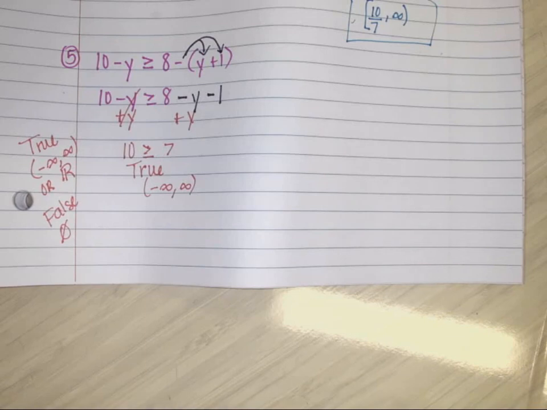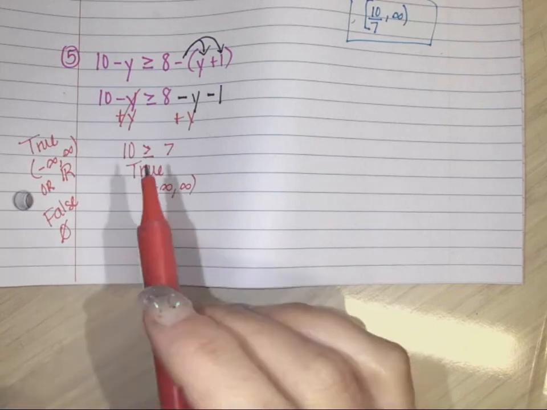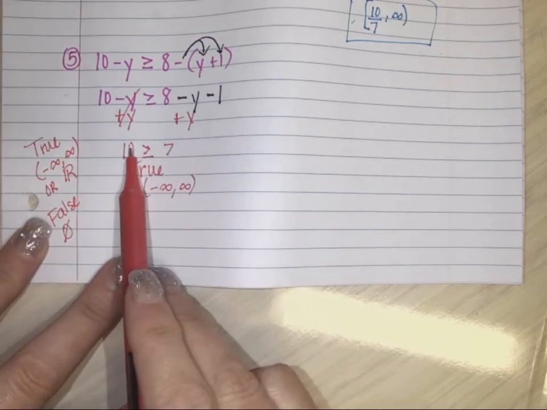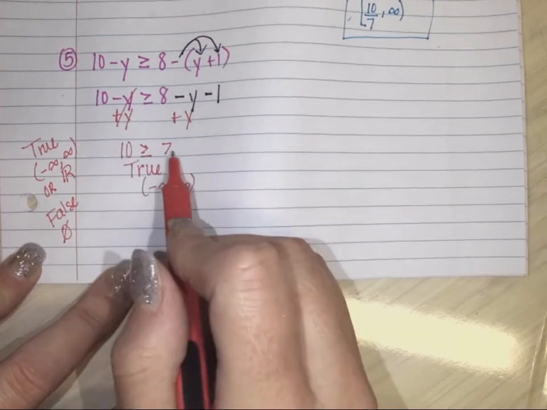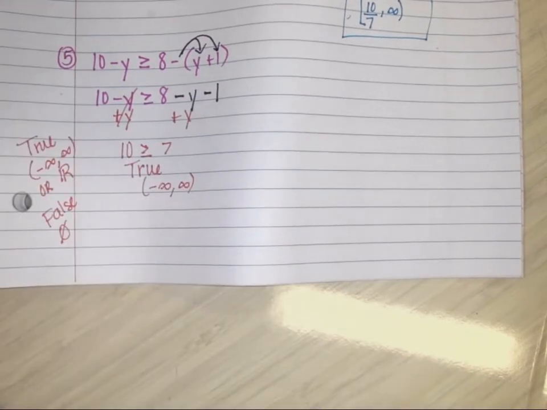That's not saying that I can't have either one of them. In the same sense, you've got to see, does this satisfy either condition? Is 10 greater than 7, or is 10 equal to 7? If either condition is satisfied, it is true.